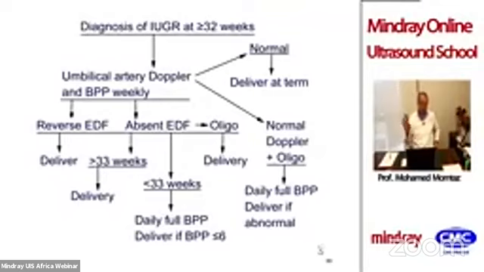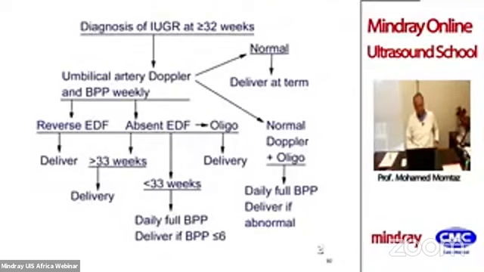So, for example, in the case that we're going to do the live demo, I'll measure the fetal biometric measurements, and then we'll estimate the fetal weight and see if it is appropriate for age or not. If it is below the 10th percentile, then this is IUGR.